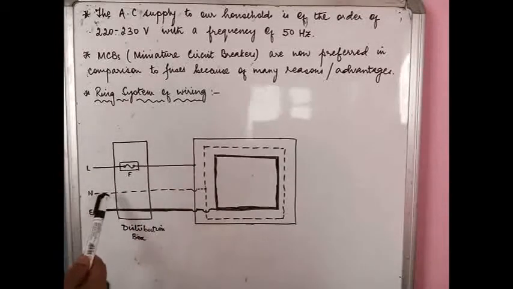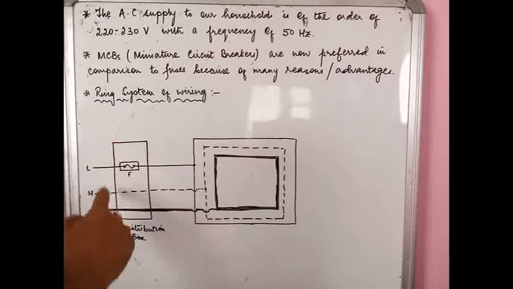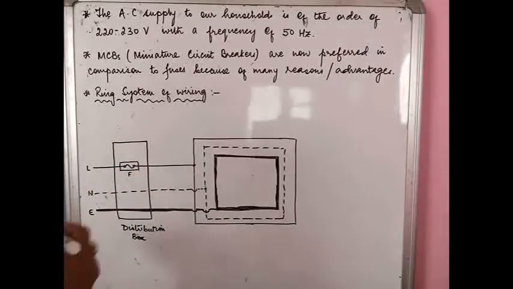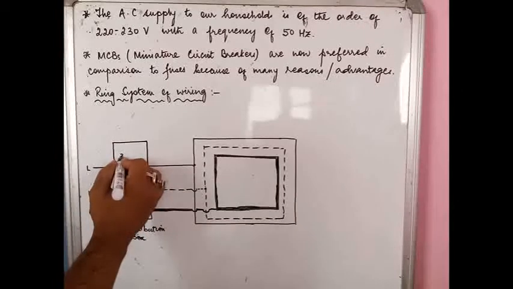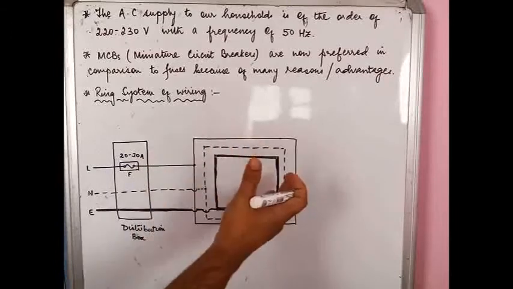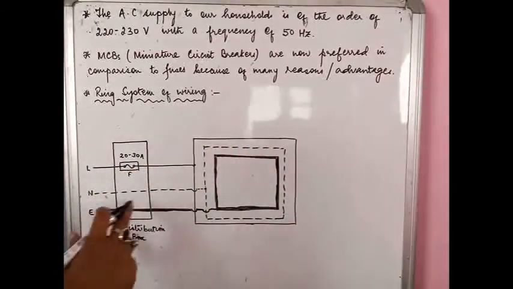The neutral one is a dotted line, drawn with hashes, and the earth wire I have drawn with a lot of thickness. Okay, this is the distribution box. I have already shown you in the previous lecture also. This is the main fuse of the order of 20 to 30 amperes, depending upon the load that you want to operate in the house. Okay, so live, neutral and earth.